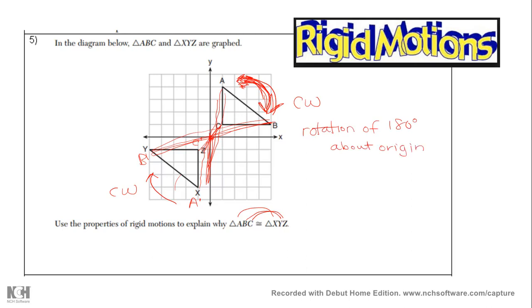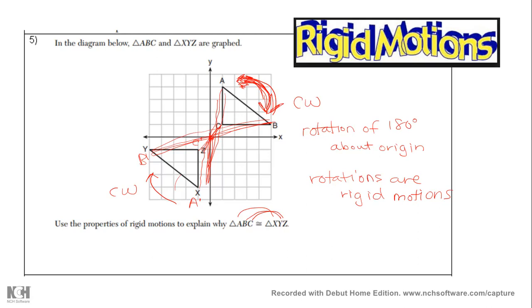Now, since rotations are rigid motions, and remember what that means, the size stays the same, the shape stays the same. So because they're rigid motions, that means that AB is going to map onto XY, and BC will map onto YZ, and AC will map onto XZ.